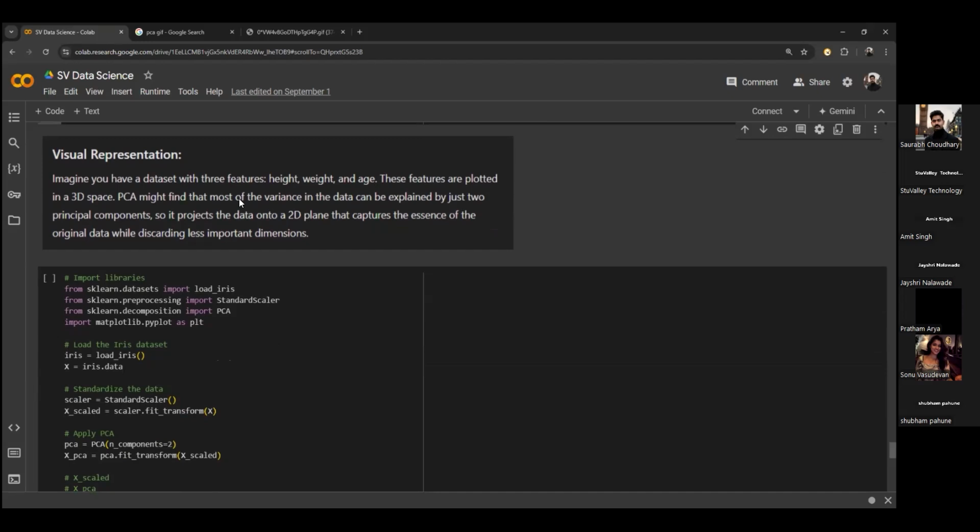Okay, imagine you have a data set with three features, like you can say height, weight, and age. These features are plotted in a 3D space.